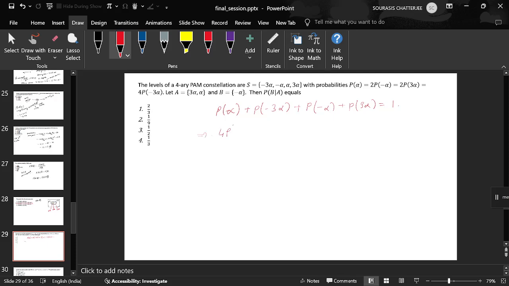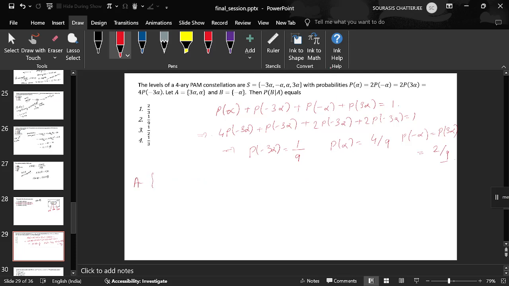So this is 4 P of minus 3 alpha plus P of minus 3 alpha, which is 2 P of minus 3 alpha plus 2 P of minus 3 alpha again. So the probability of minus 3 alpha is 1 over 9, the probability of alpha is 4 over 9, and the probabilities of minus alpha and of 3 alpha are each 2 over 9.